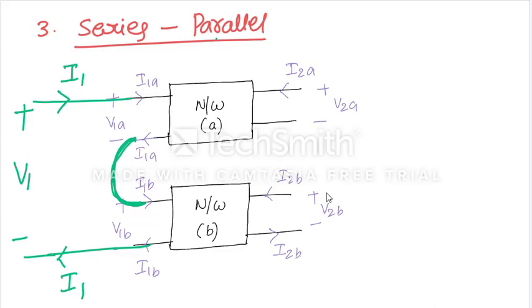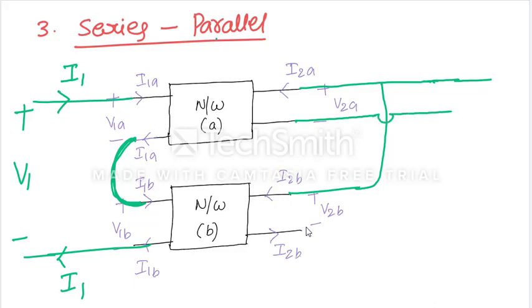Next, port 2 is parallel. Parallel means this is the positive and this is the positive, both shorted like this, and this negative and this negative are also shorted like this.